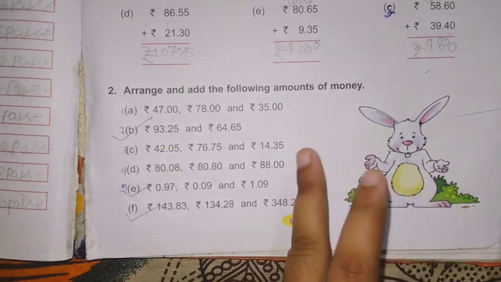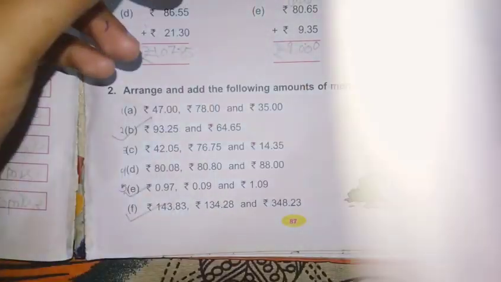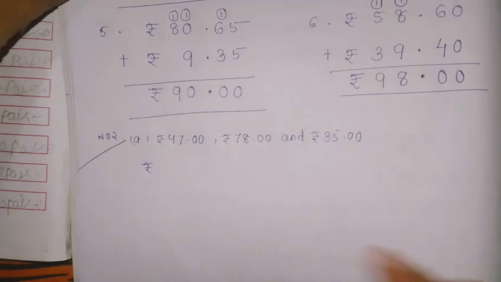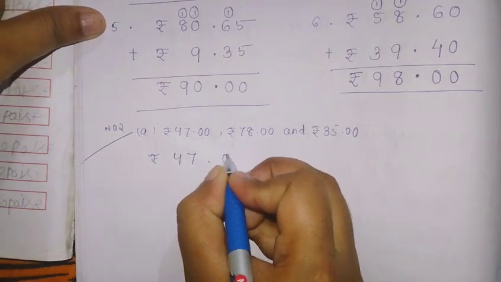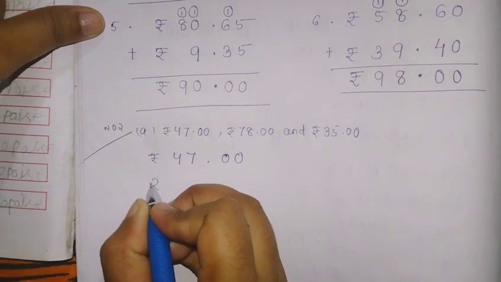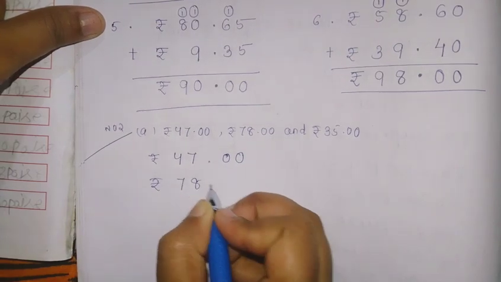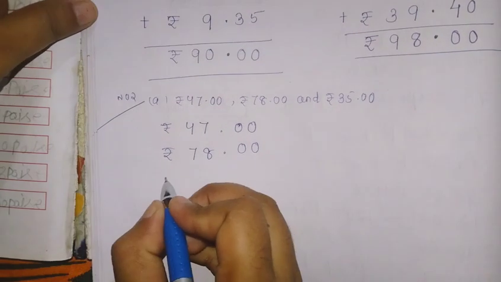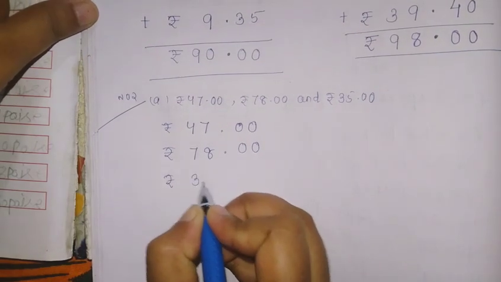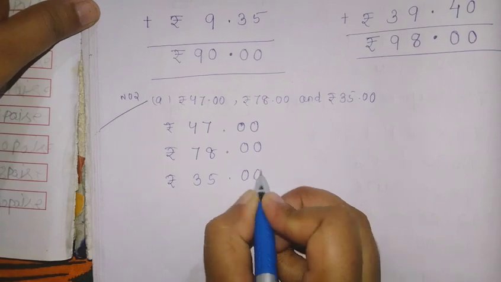First, the dot remains in the same column in addition. So, 47 rupees 00 paise. Then 78 rupees 00 paise. Then 35 rupees 00 paise.